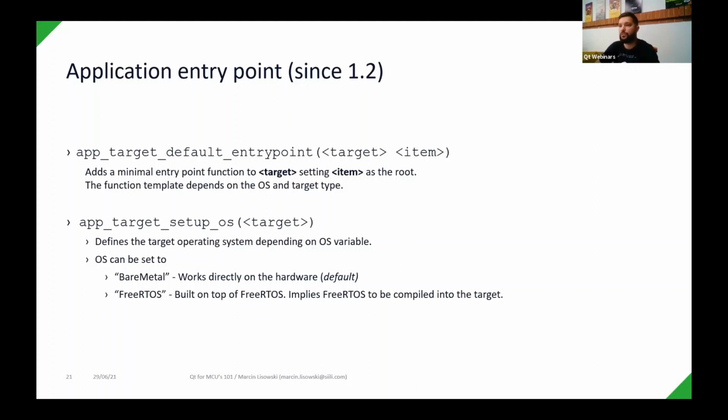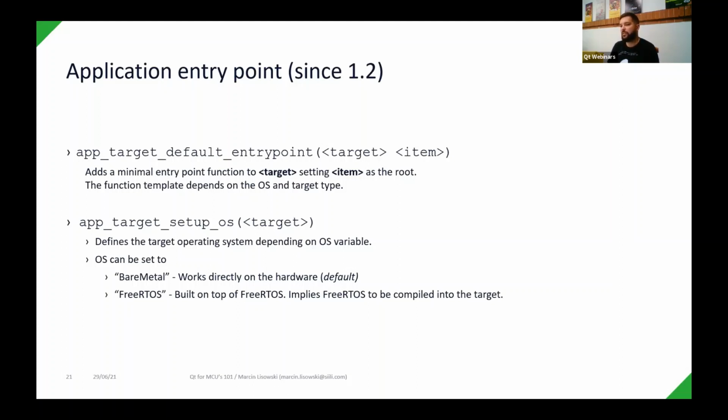And this will depend on the OS which is selected. If you're compiling for FreeRTOS and for the bare metal, this macro will do something a bit different. As for the FreeRTOS, it will pick a different entry point, which will also initialize the FreeRTOS things next to the Qt for MCUs.